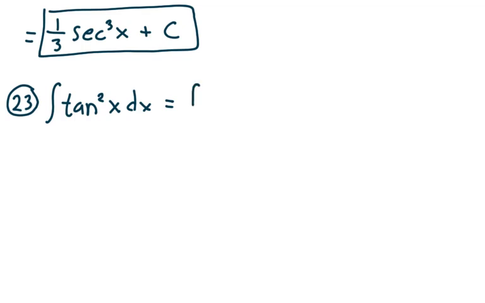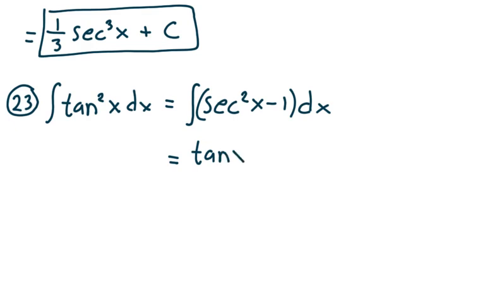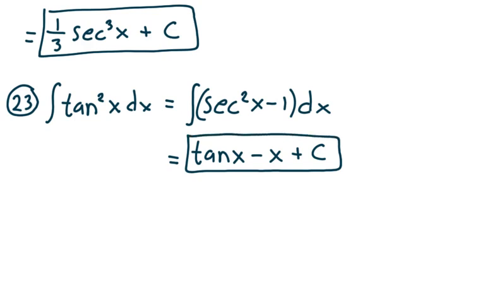And so a slick way to do this problem is to take tangent squared x and write it as secant squared x minus 1. And then I'm done, right? And so this is tangent x minus x plus c. That's it. That's how we do 23.